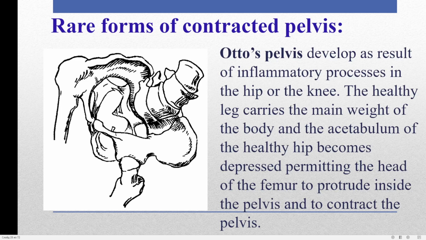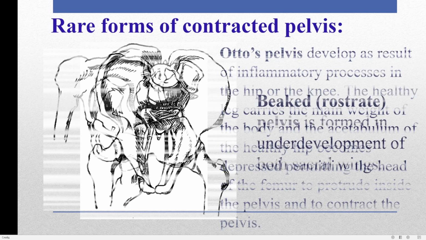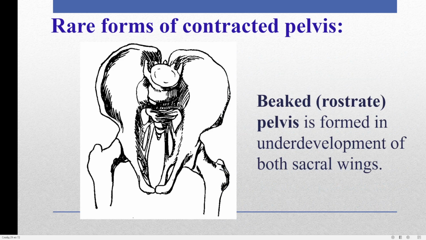Of course, there are many types of rare forms of contracted pelvis, but I show some of them. For example, the prostrate pelvis or beak pelvis is formed in underdevelopment of both sacral wings.